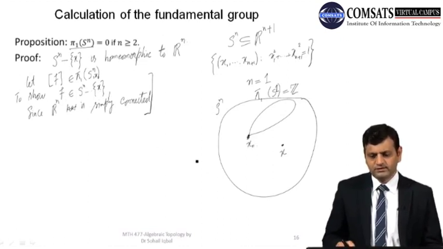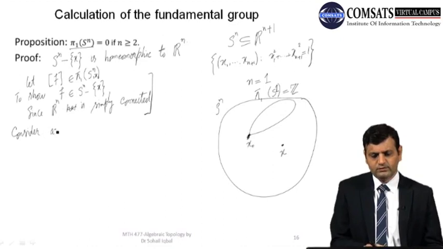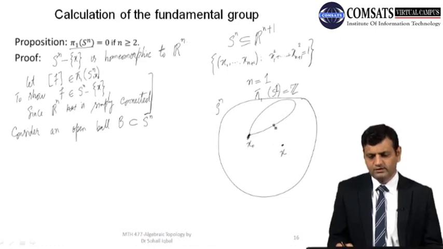So consider this sphere, and let's say this is this path. What we do is we consider an open ball B inside Sn. In general this loop can have different paths.